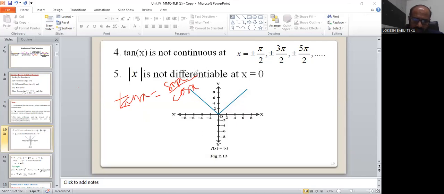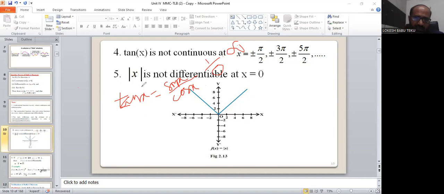What is sin pi by 2? Sin 90 is 1, and cos 90 is 0, so it is 1 by 0, which is obviously infinity. So the limit does not exist, therefore it is not continuous, right?